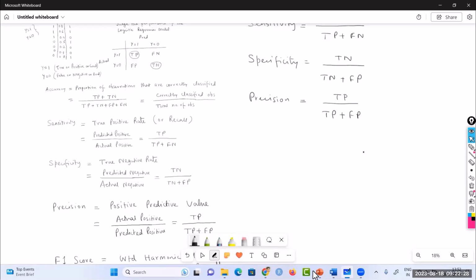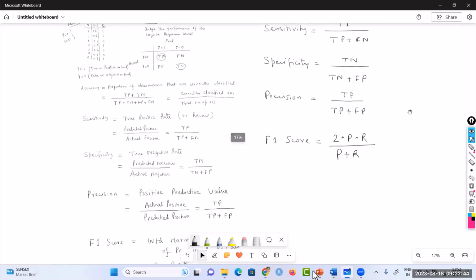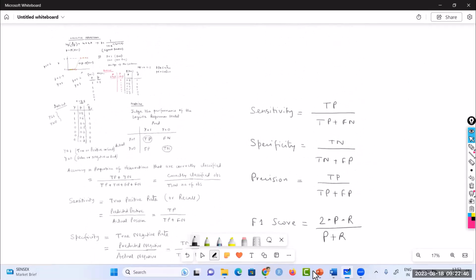Then the F1 score, weighted harmonic mean of precision and recall. And here I have true positive, true negative, false positive, false negative.